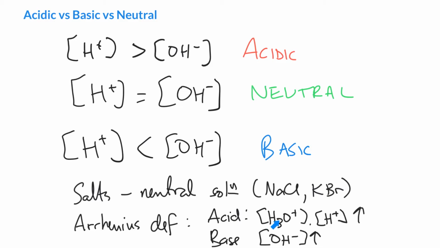If you've got something that is pumping in protons or pumping in those hydronium ions, they're going to beat the OH- concentration and make it acidic, and vice versa. So if you've got something like sodium hydroxide that basically dissociates and dissolves and makes hydroxide ions, it's going to increase the concentration relative to H+ and make it what we call a basic solution.